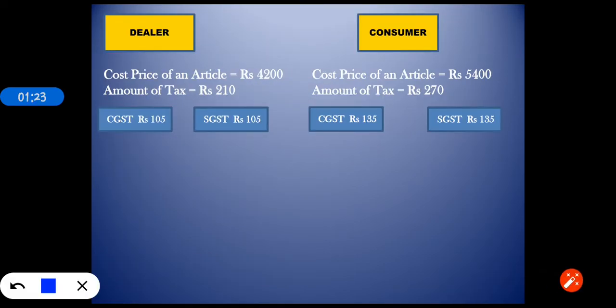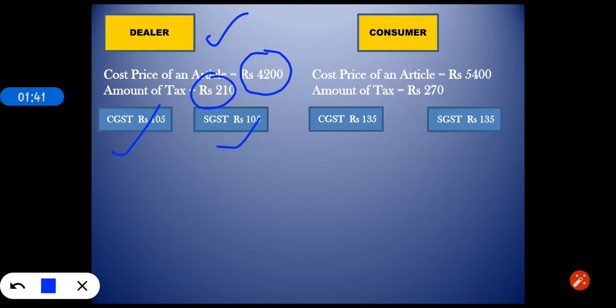Okay, now a summary. For the dealer, the cost price of the article is rupees 4,200, and the amount of tax is 210 rupees, which is divided into two equal halves: 105 rupees for the central government and 105 rupees for the state government.